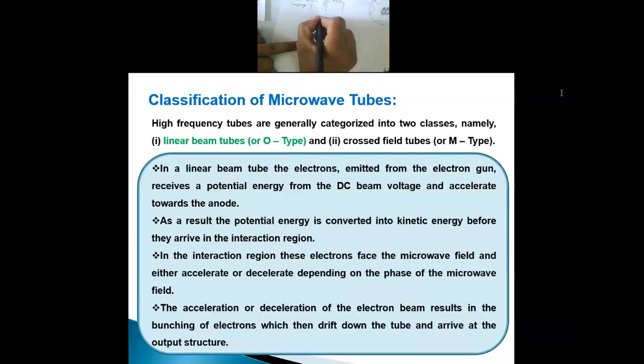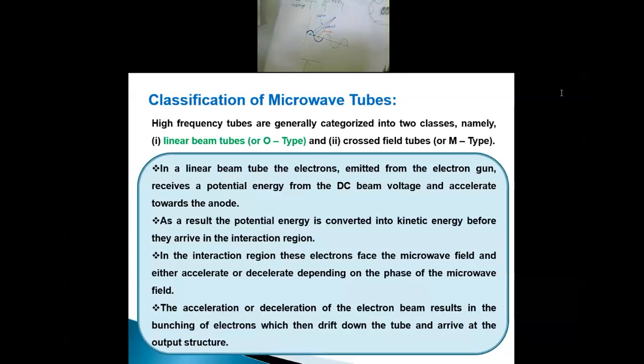This one will be faster because the field is positive. Here we can say it has a constant velocity. But when an electron propagates in the negative half cycle, it will slow its speed. So the electron is faster because of the positive half cycle, and slower because of the negative half cycle.